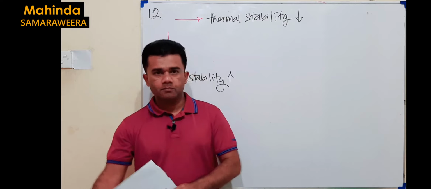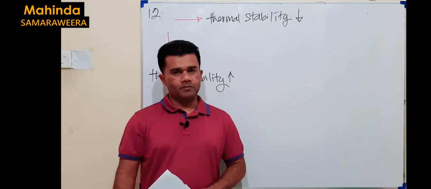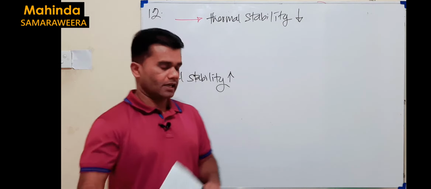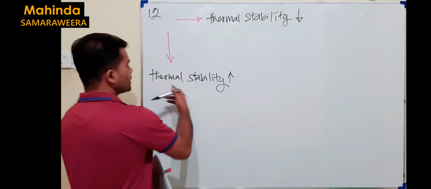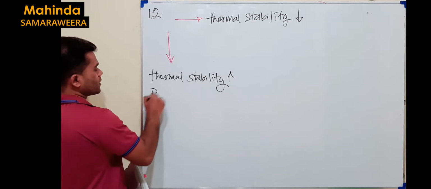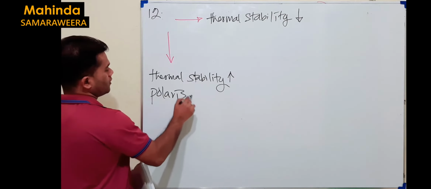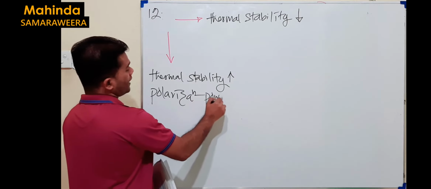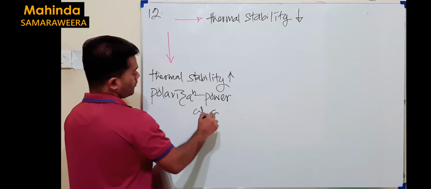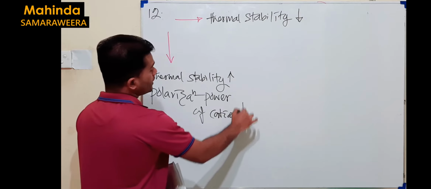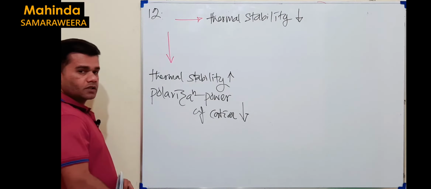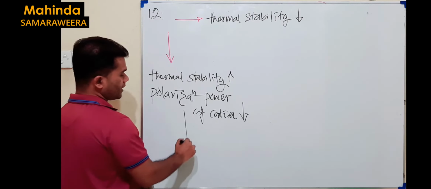When it undergoes decomposition, it's thermally unstable. You learned that in theory classes. Just remember this one. Thermal stability here increases because polarization power of cation decreases. So why does polarization power of cation decrease?